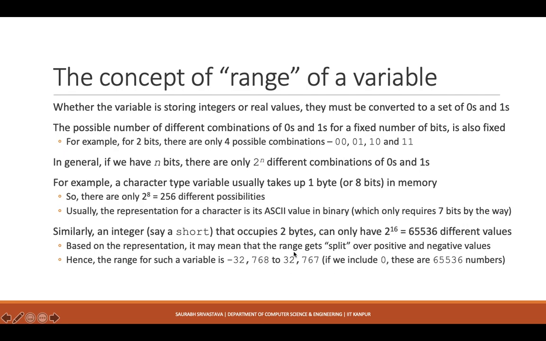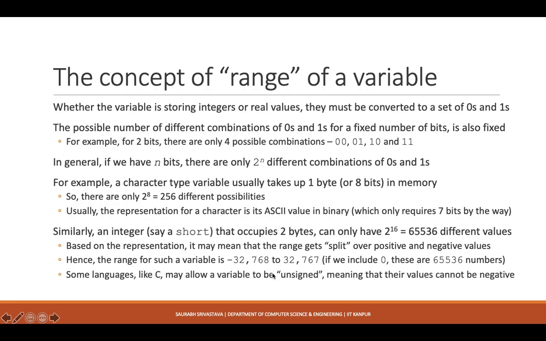And if you add 0 to this and add them up, you will get the same number, 65,536. So essentially, a short can only represent these many integers in memory, and this is why its range looks something like this.